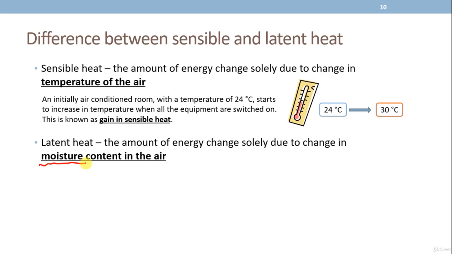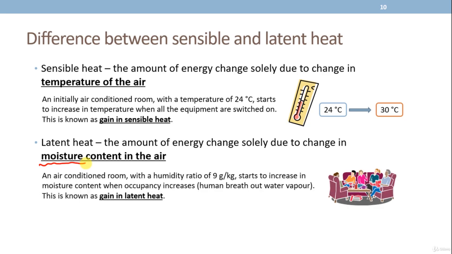The highest contributor of latent heat is actually humans themselves, all the occupants, because every one of us will breathe in and breathe out water vapor, and the amount of water vapor that we breathe out is much higher than the amount that we breathe in. So when 5%, 10%, or 50% occupancy start to fill a room, the amount of latent heat will get higher and higher. So the humidity ratio will start to increase, and this causes an increase in latent heat.